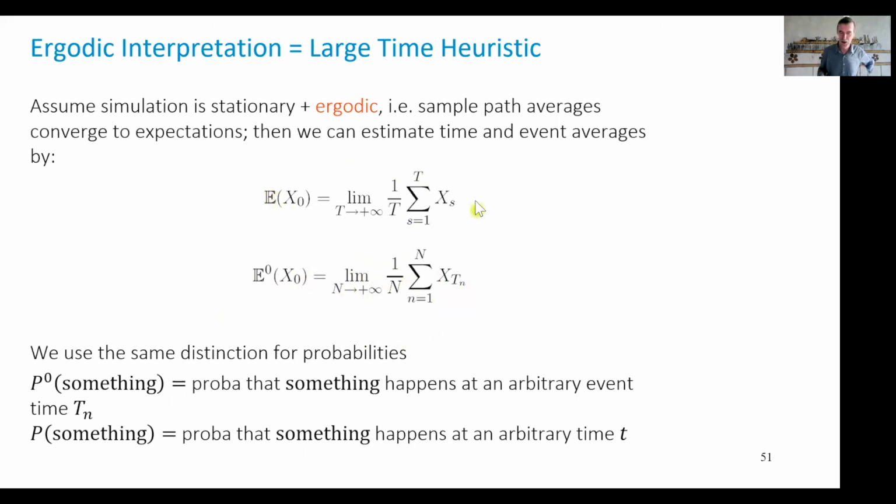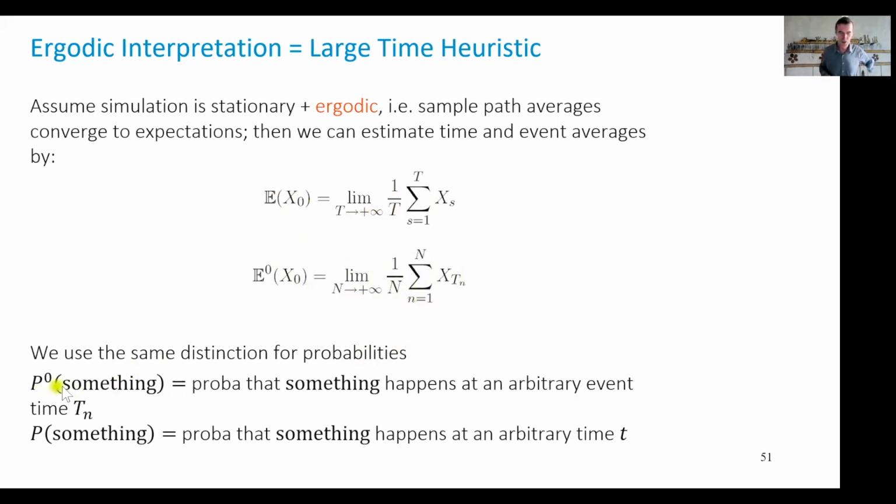The standard expectation of a stationary quantity, you obtain it by taking the time average and dividing by the total time of the simulation. The Palm expectation of the same quantity is obtained by sampling the quantity at times of interest, Tn, and taking 1 over n, the average of what you found here.